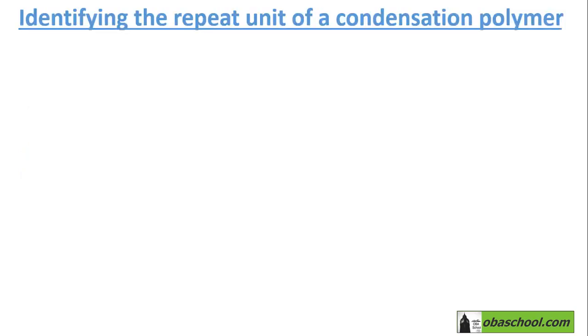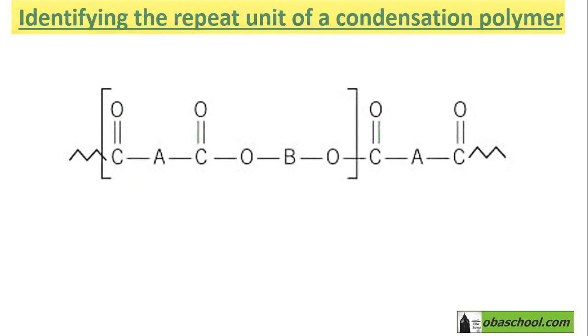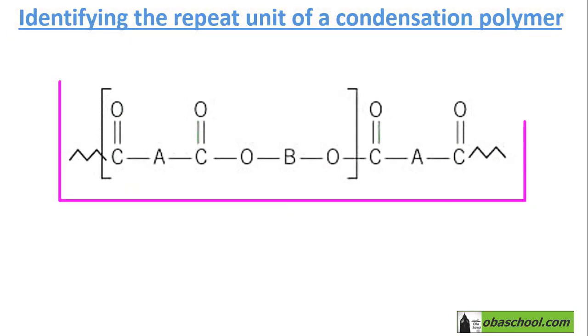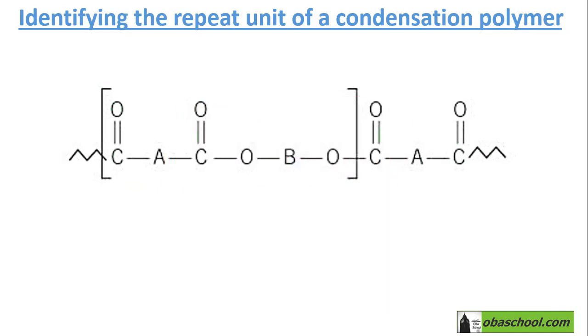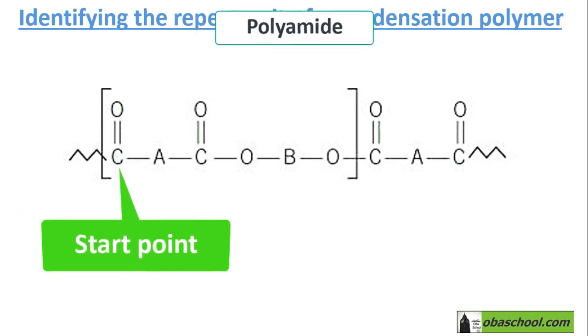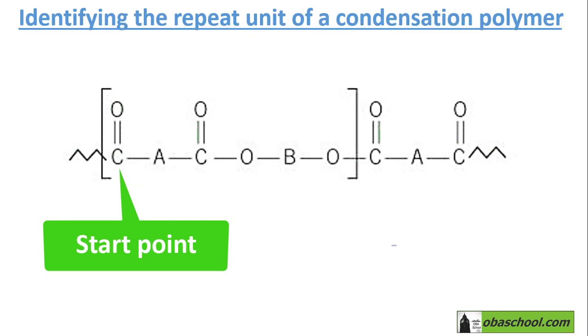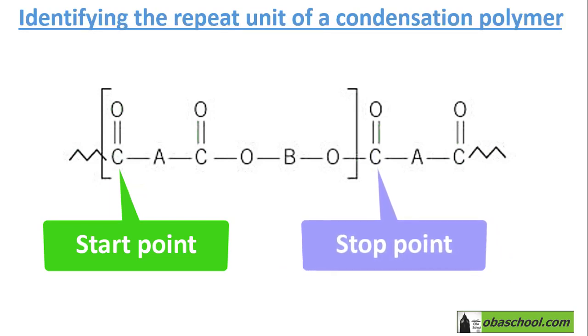Now, let's examine how to identify the repeat unit of a condensation polymer. If I have a condensation polymer like this one, how can we identify the repeat unit? Well, the repeat unit of a condensation polymer is found by starting at any point in the polymer and stopping when the same pattern of atoms begins again.